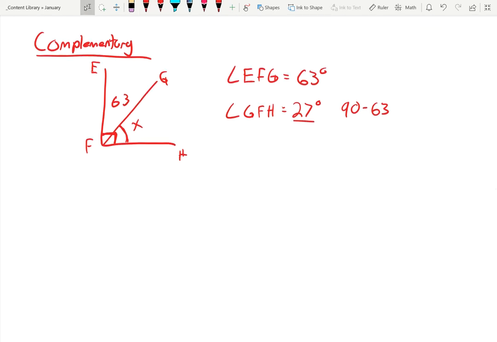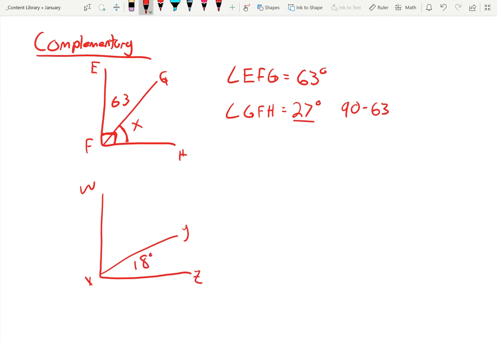So let's do something similar to it. Let's try W, X, Y, Z. So let's say that we have this angle, it's 20. No, let's not make it 20. Let's make it 18 degrees.